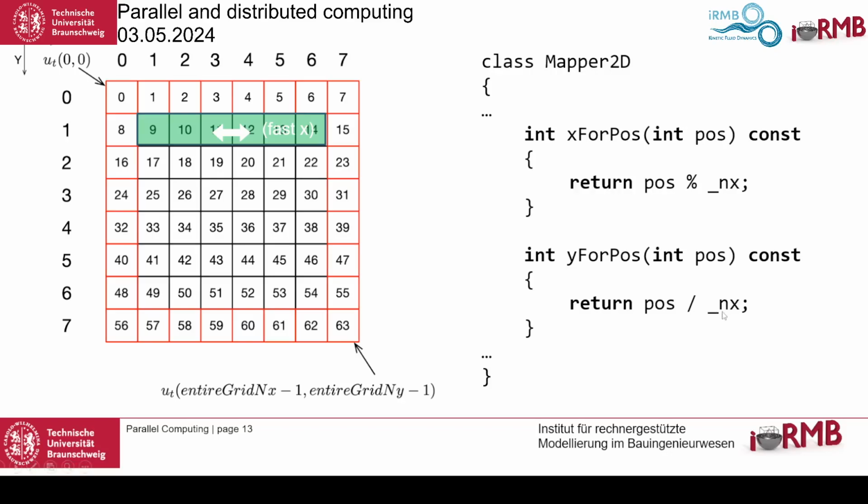By the way, the y position is the position divided by the length of a row. Why does this here actually work?